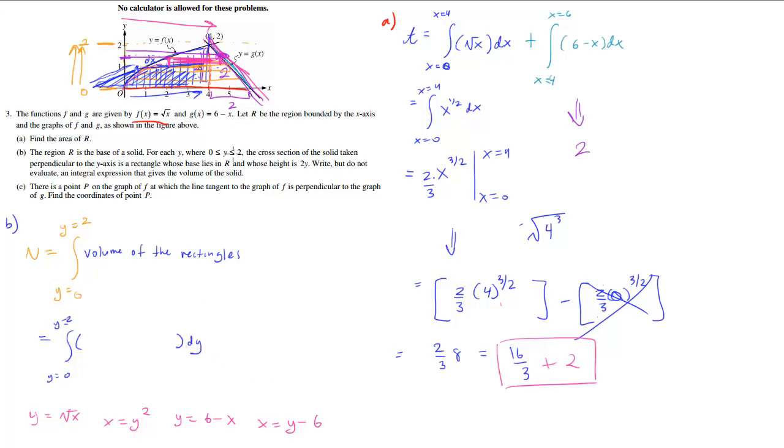So we have our top function, y minus 6, minus the bottom one, y squared. So y minus 6 minus y squared. And then we need to multiply that by its height. And it says that the height is 2y. So regardless of what's going on down here, the height of the function is 2y.